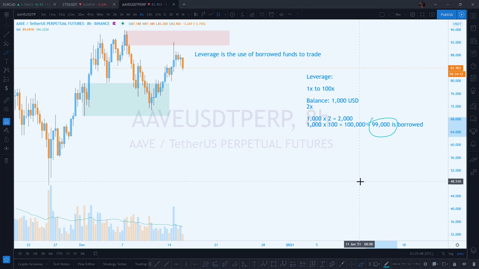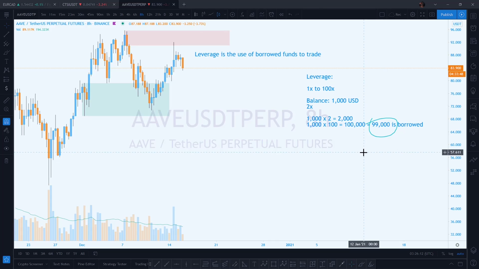And like I said in my last video, the lender never loses. Somebody is giving you this money to trade. If you make a profit on the $100,000 that you are trading with, then you keep all the profits and you return the $99,000 back to the lender with some interest on it, definitely.